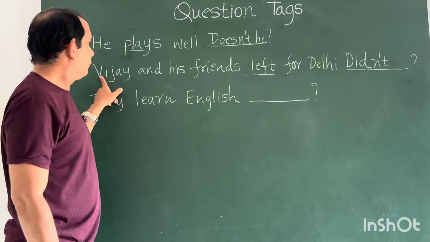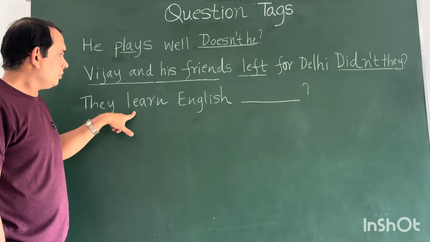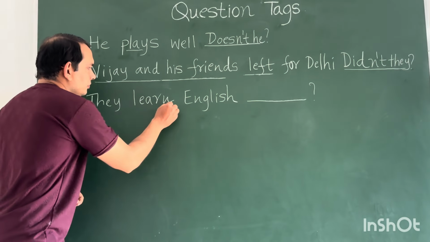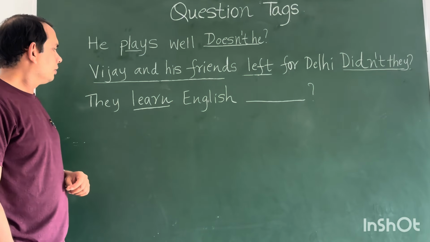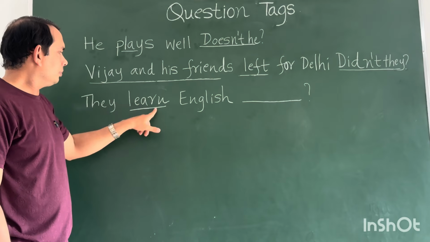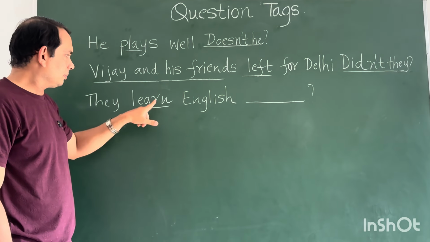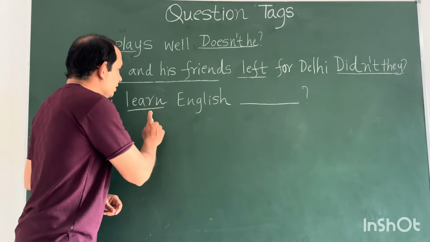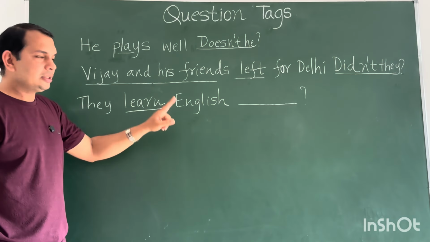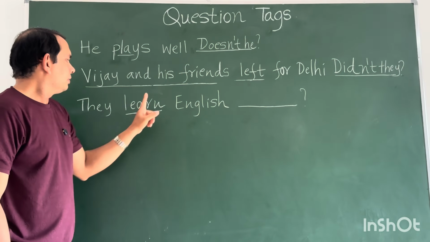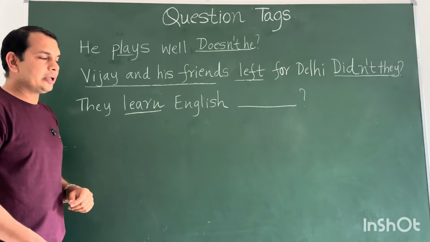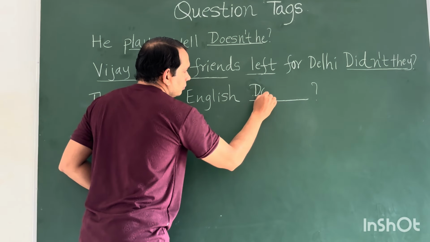They learn English. This is a positive sentence. Learn is the base form of the verb, the first form of the verb. The sentence is in the present tense. When the sentence is in the present tense, we write either do or does. What should I write here? Do.